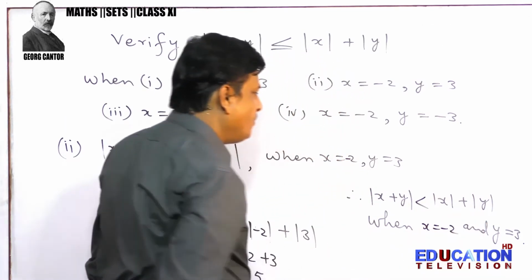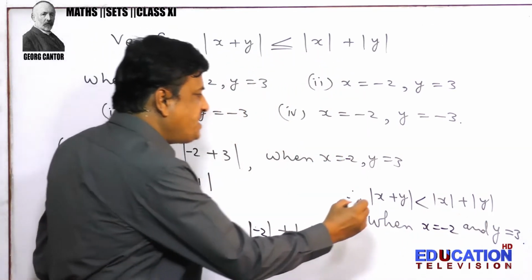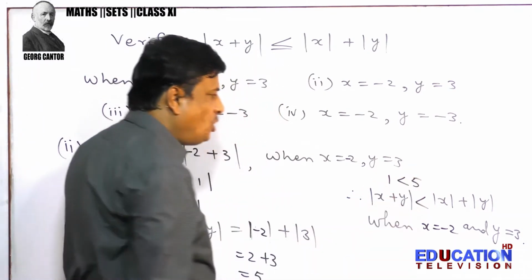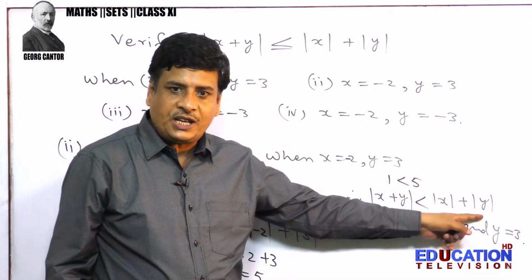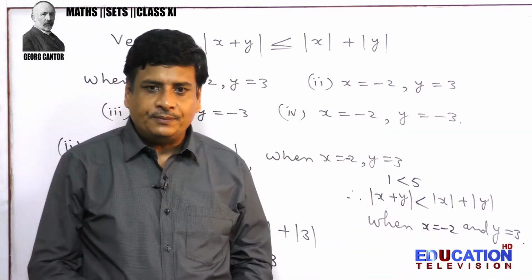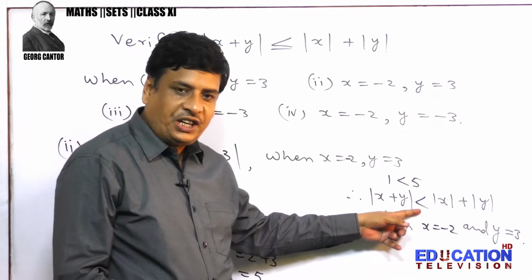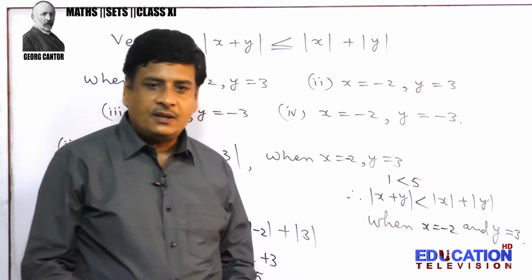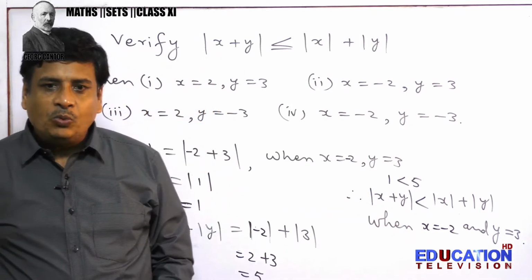One is less than 5. So modulus x plus y is less than modulus x plus modulus y when x is minus 2 and y is 3. So only inequality occurs in case the number x is negative and y is positive.